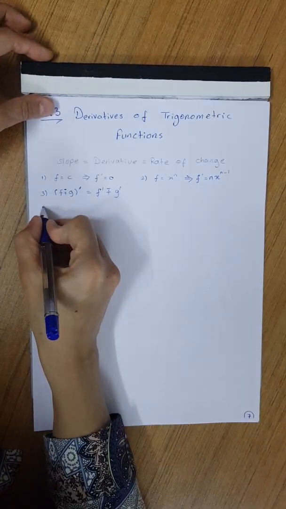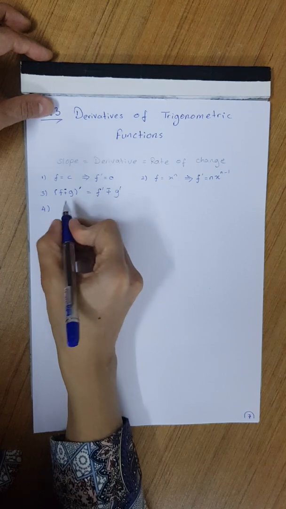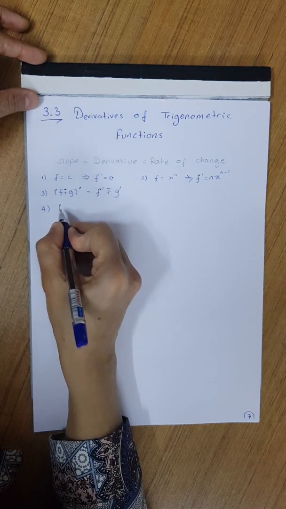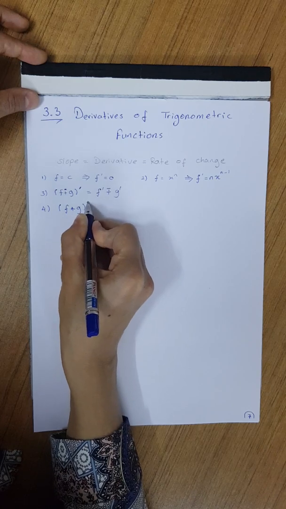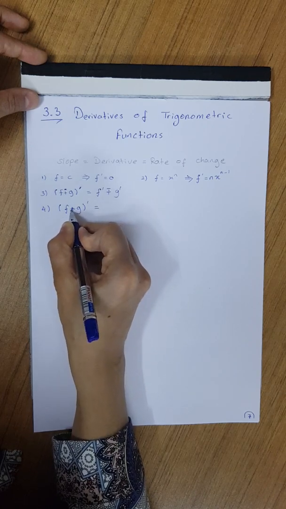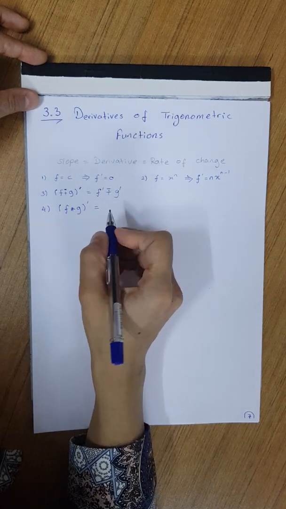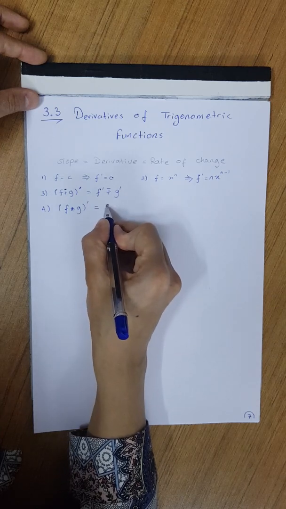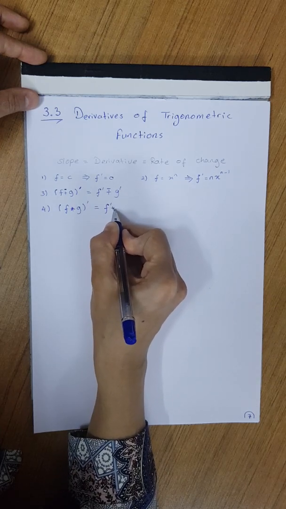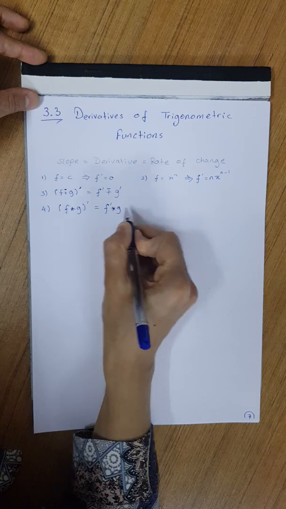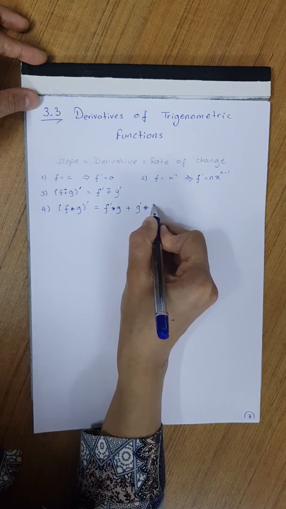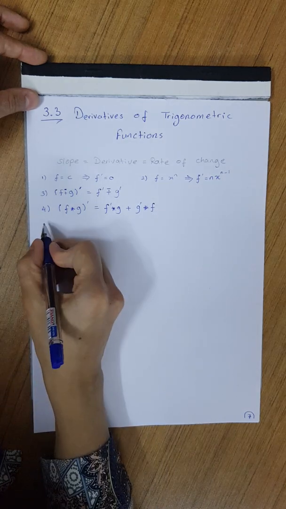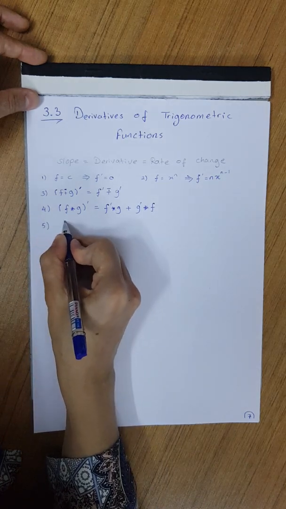Then we had the multiplication of two functions. If I have f multiplied by g and I want to take the derivative of them together, how can I find it? We said that's equal to the derivative of f multiplied by g, plus the derivative of g multiplied by f without any change.